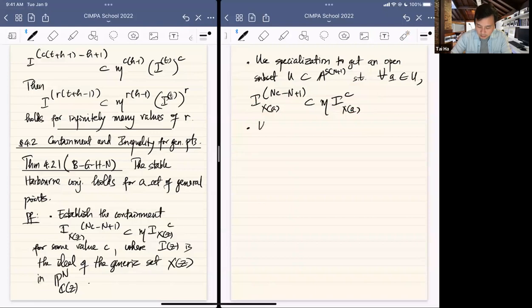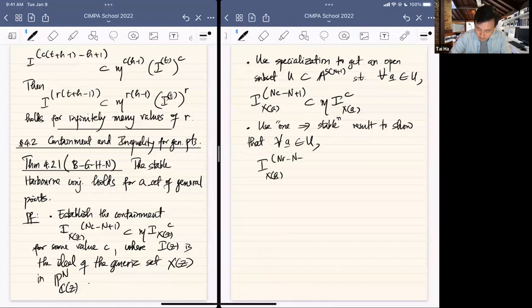And then we use one containment implies stable containment, applying to this containment to show that for all a inside just one open subset, I of X_A, which is the specialized set of points, to the r minus n plus 1 is contained in m I of X_A to the r for all r big enough.